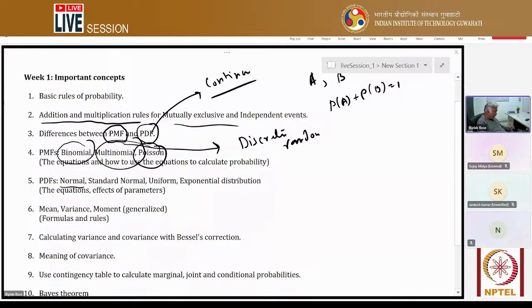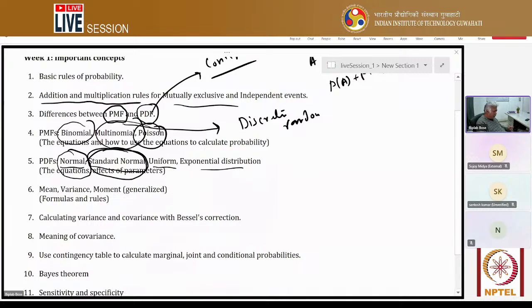And then normal and standard normal distribution, these two, and uniform and exponential. I will insist that please at least learn and understand what is normal and standard normal distribution, because these will be used again and again in any course of statistics and machine learning and our course also.